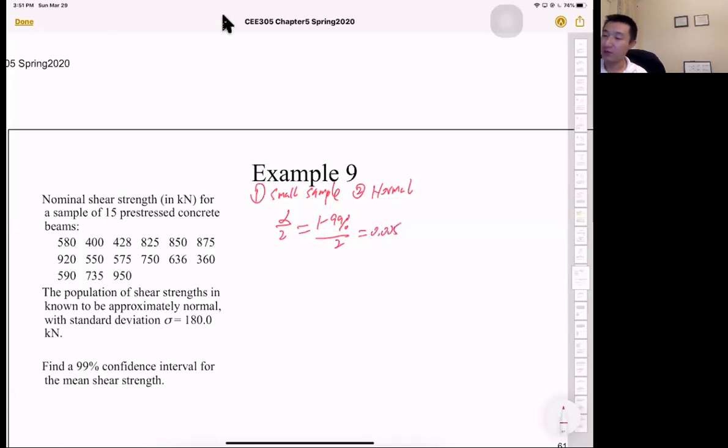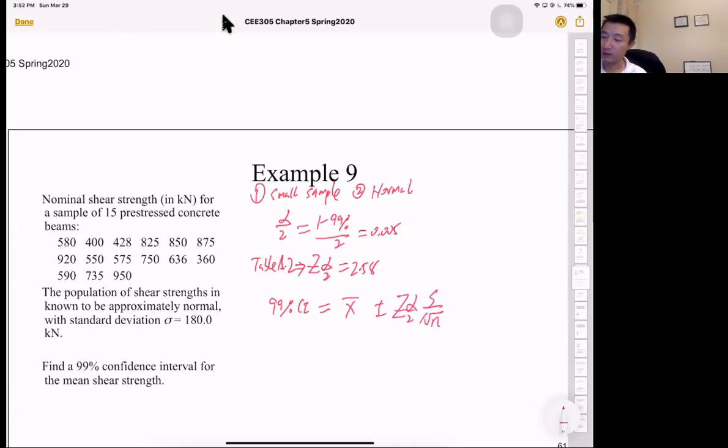From the table, table 8.2, the z table, the z half alpha is 2.58. So the 99% confidence interval in this case will be the sample mean plus minus z half alpha times sigma over root n.